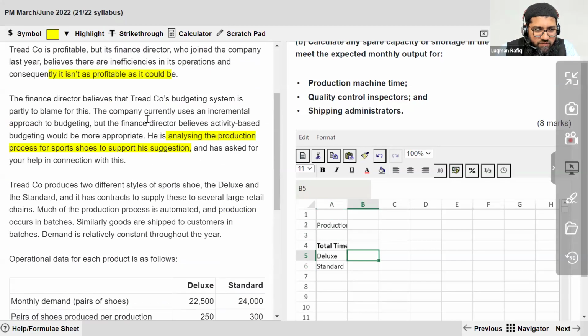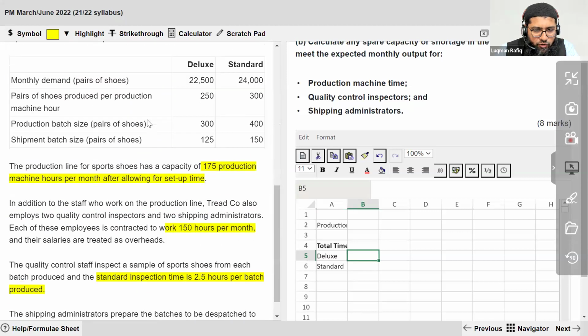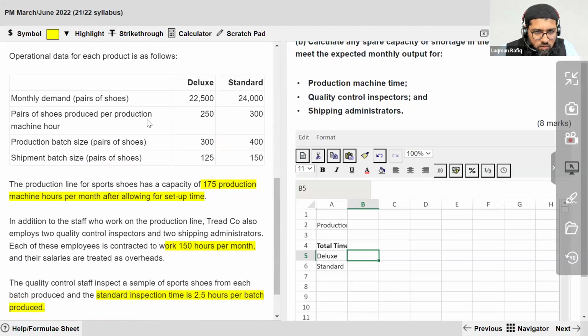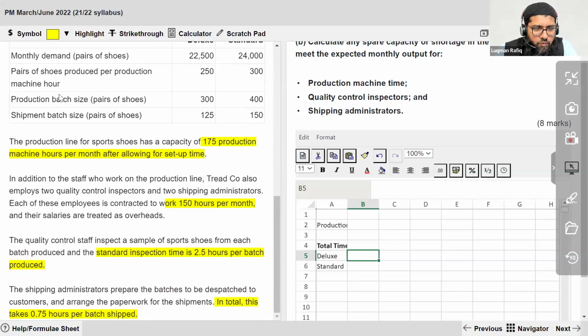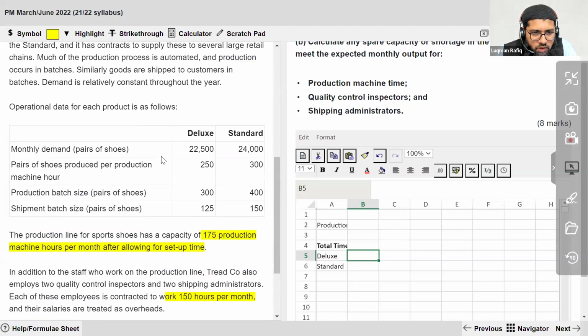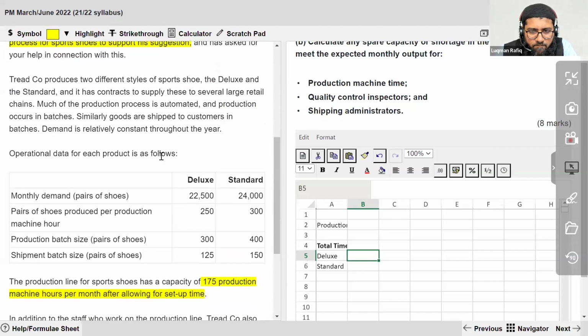Is it mentioned somewhere how much time is needed for producing one pair? It says monthly demand is this, production batch size is this 300. Does it mention? Is it mentioned somewhere?